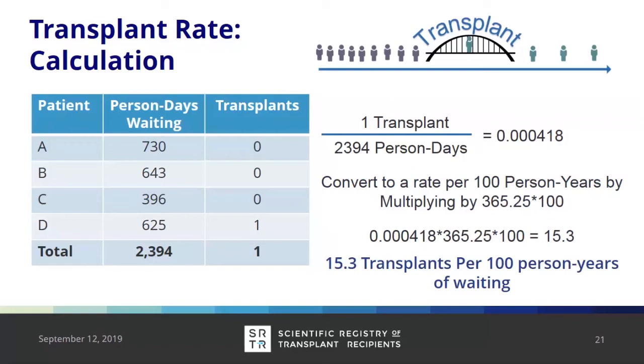It's a little bit more nuanced than that because, of course, not everybody's on the list for the full year, et cetera. But that's the nature of a rate. We're essentially saying, out of some unit of time waiting, how many events are occurring, how many transplants are occurring. So at this program, we would summarize this by saying, for every 100 patients on your list for a year's time, we'd expect 15 of them to be transplanted.